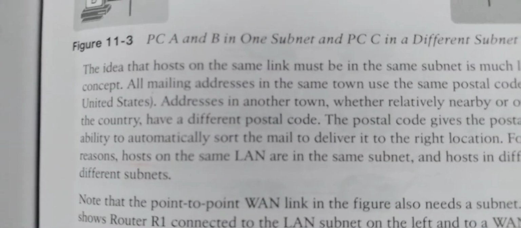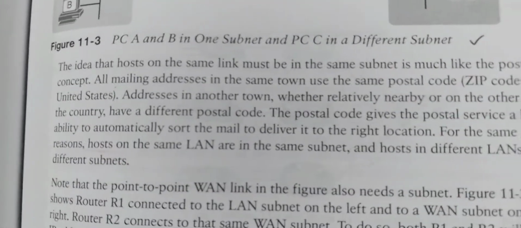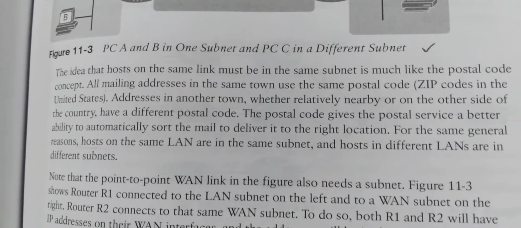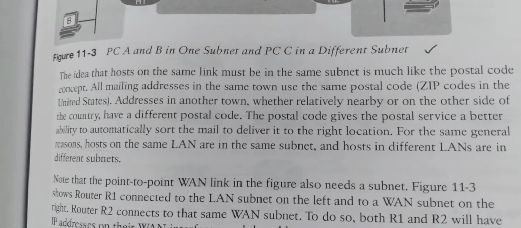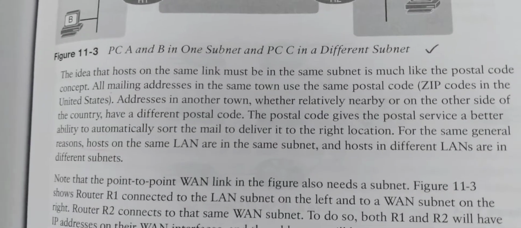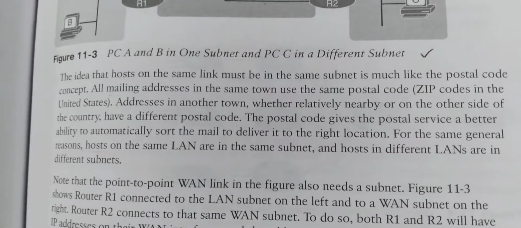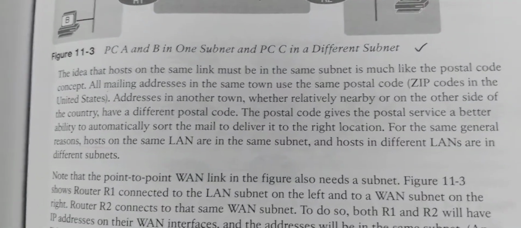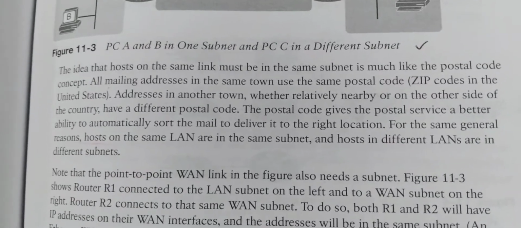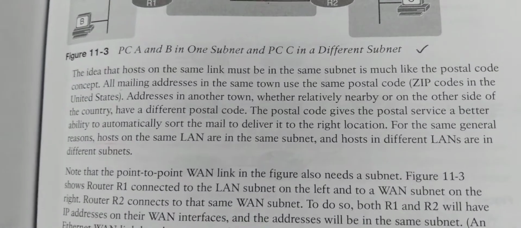The idea that hosts on the same link must be in the same subnet is much like the postal code concept. All mailing addresses in the same town use the same postal code, zip codes in the United States. Addresses in another town, whether relatively nearby or on the other side of the country, have a different postal code.